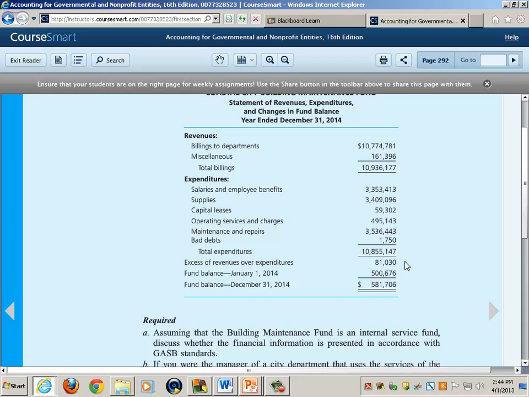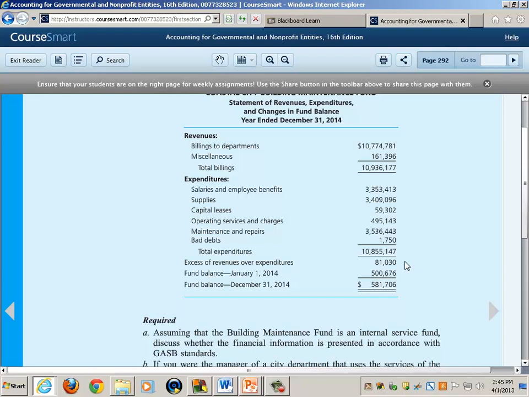Okay? Number 9, financial reports of state and local governments are well suited for all the following except: they assess financial conditions, they compare results, the budget statement, they assist in determining compliance. These are the objectives of financial reporting.